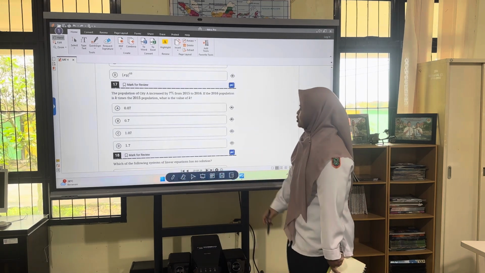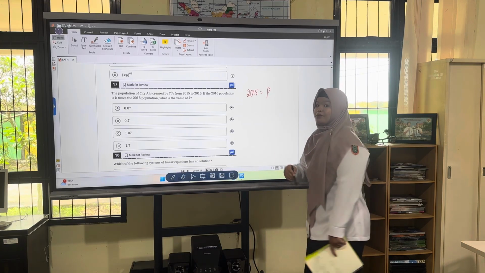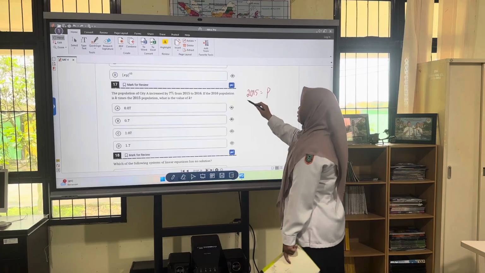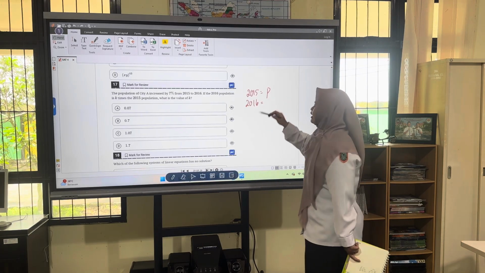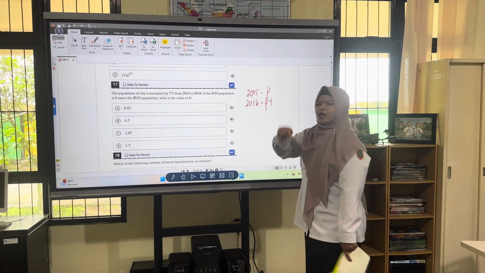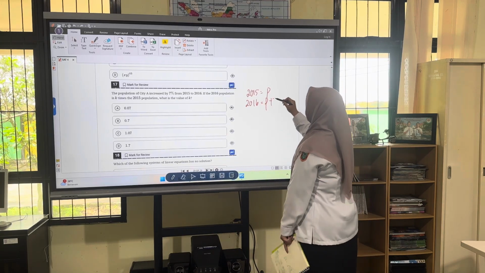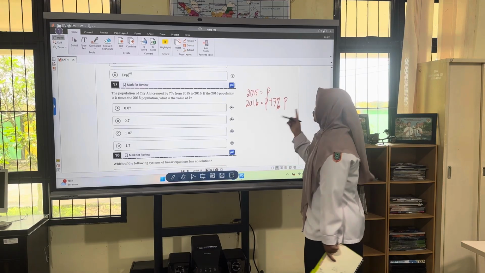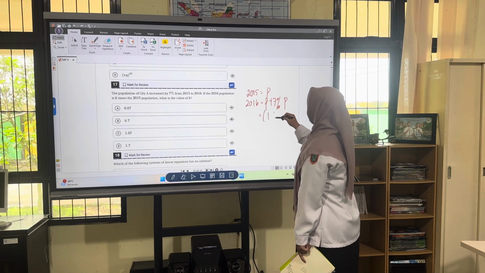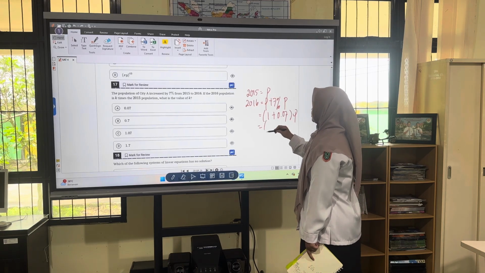So in the information, in 2015 you have the population symbolized as P, but in 2016 there will be 7% up. That means 7% up from the population in 2015, so 7% of P. So you simplify, there will be 1 plus 0.07 times P. So the result will be 1.07.